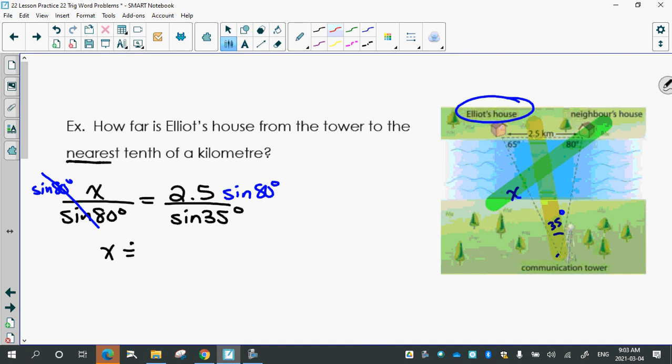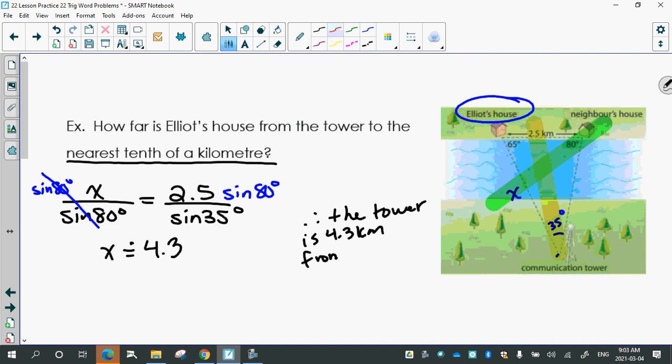Now, see, it does say nearest tenth of a kilometer, so make sure you do that. 4.3. So therefore, the tower is 4.3 kilometers from Elliot's house.